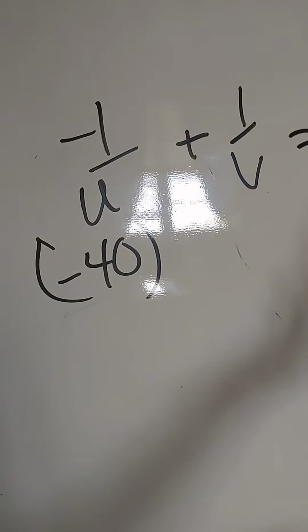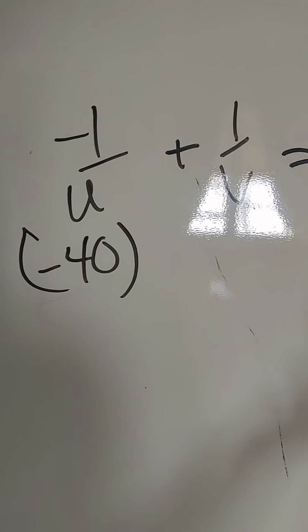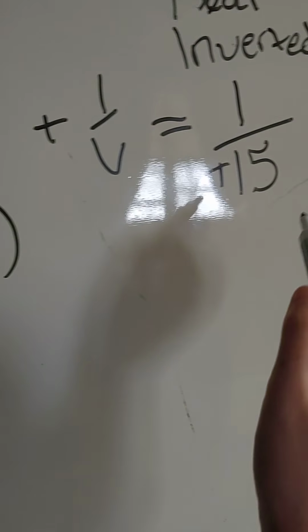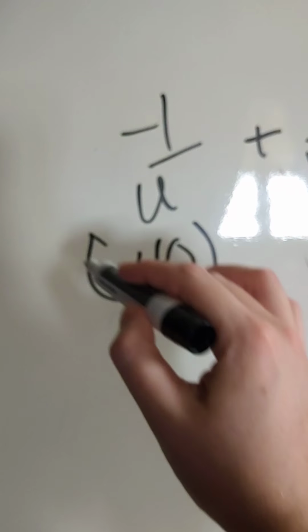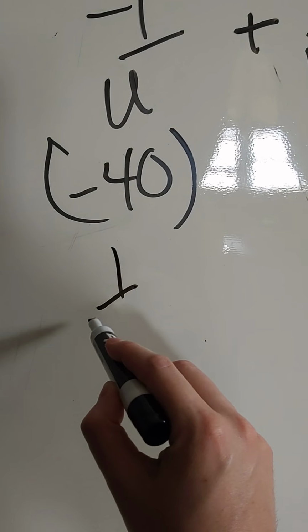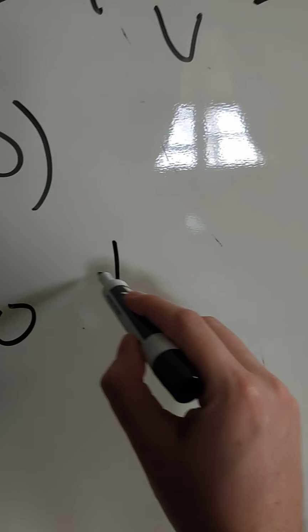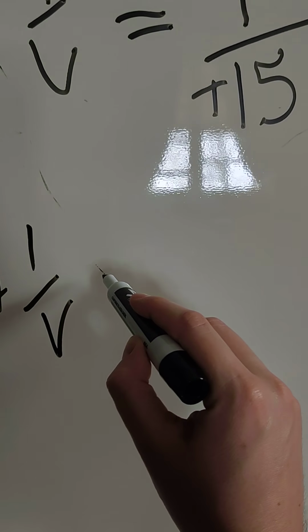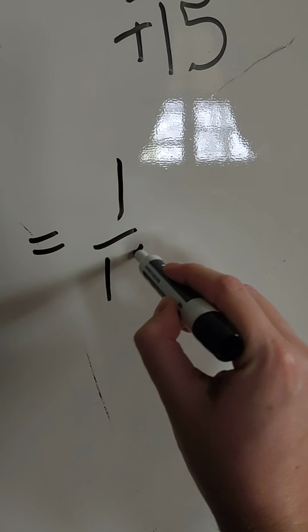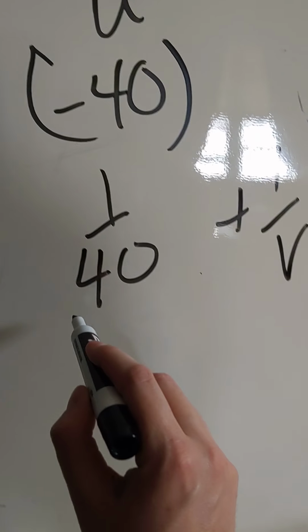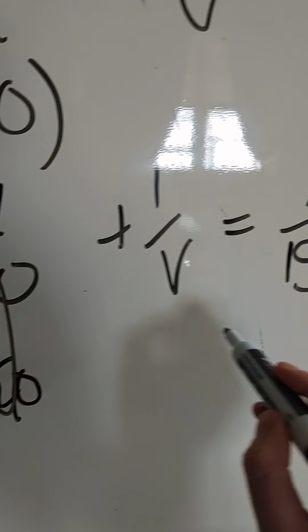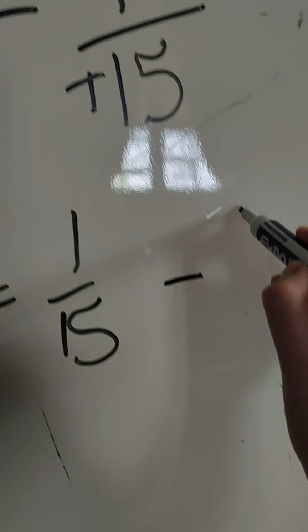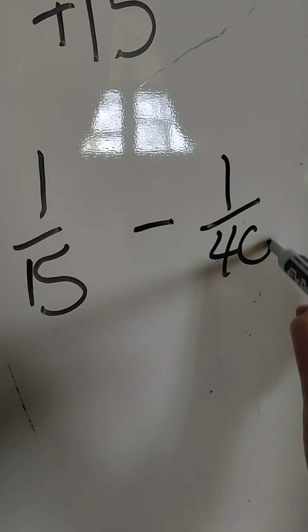I'm not the best at this, but minus 1 over minus 40: two negatives make a positive, so this is 1 over 40 plus 1 over V equals 1 over 15. You subtract 1/40 from both sides.